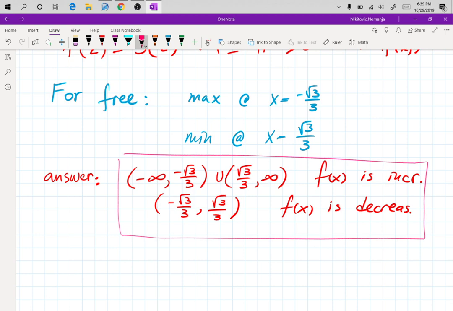So let's go with another example immediately.